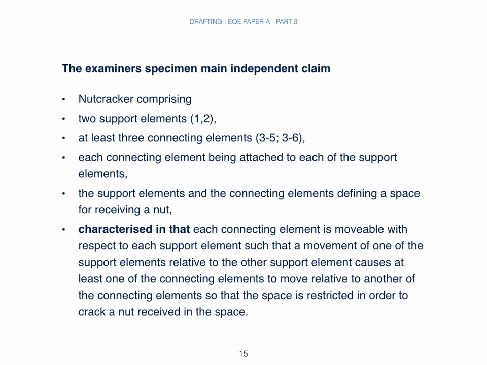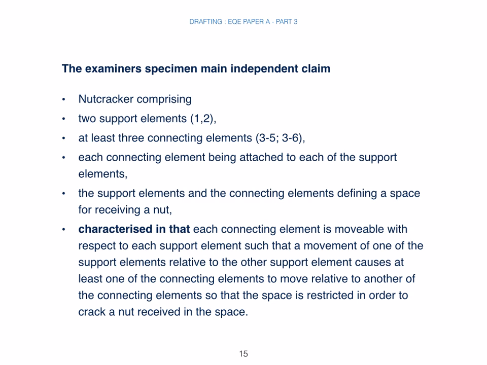Note that the examiner's claim is devoid of any padding, in stark contrast to my claim, which is full of padding. Novelty of the examiner's claim depends on the very carefully worded characterizing part, and the novelty, in fact, boils down just to the relative movement of the connecting elements, as opposed to simple movement of the connecting elements.